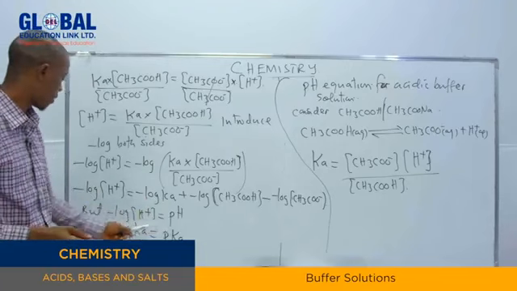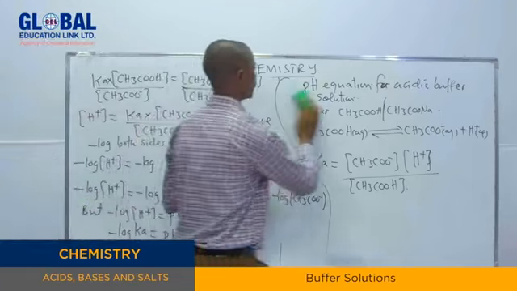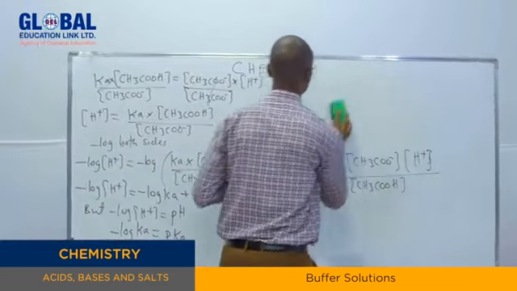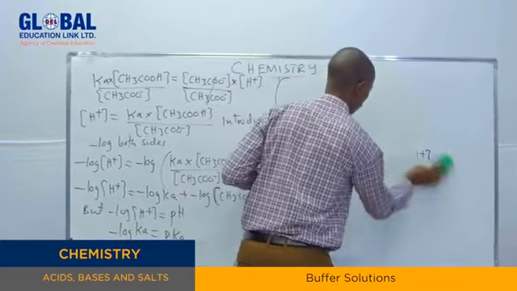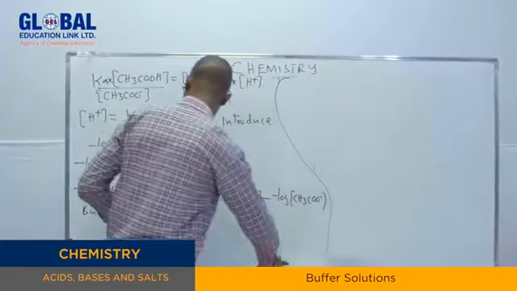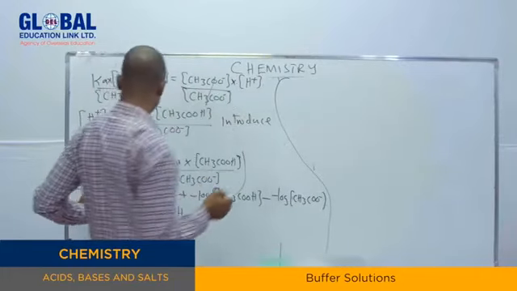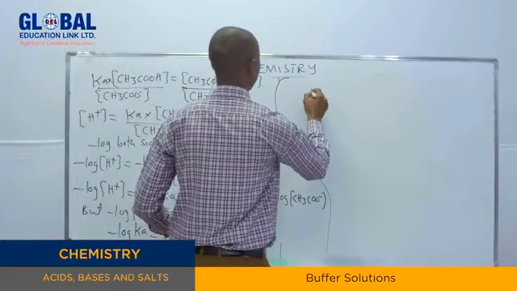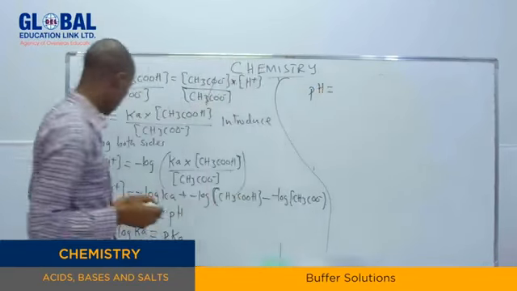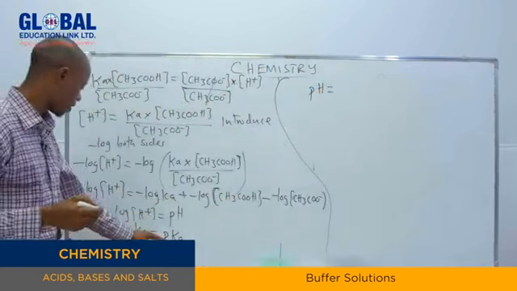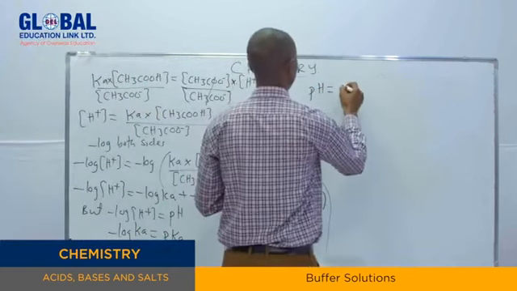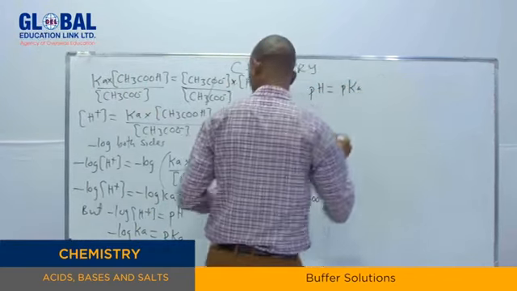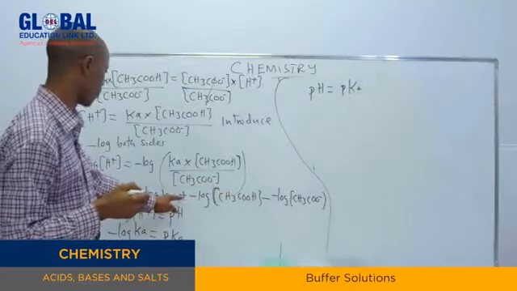So we can substitute these values into the equation. Instead of writing negative logarithm of hydrogen ion concentration, we write the pH. Instead of writing negative logarithm of Ka, we write the pKa. Then we proceed with the others.